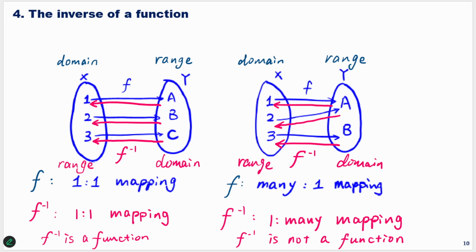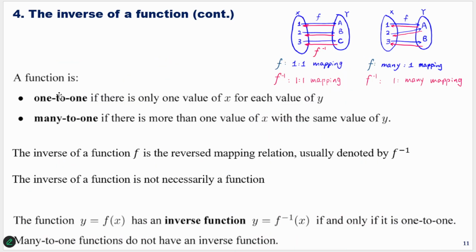Any questions? No. All right, so let's make a summary here. A function is 1-to-1 if there's only one value of x for each value of y. It's many-to-1 if there's more than one value of x with the same value of y.